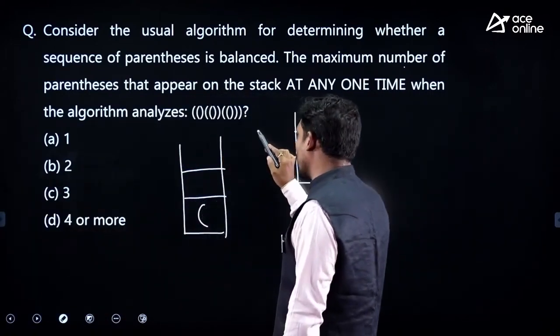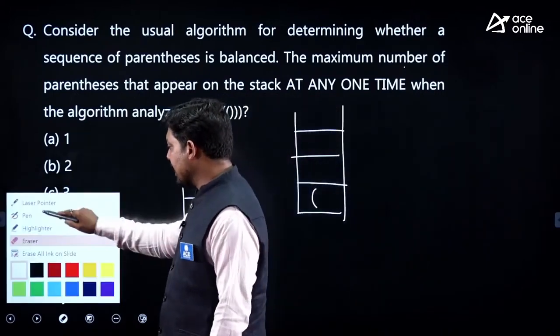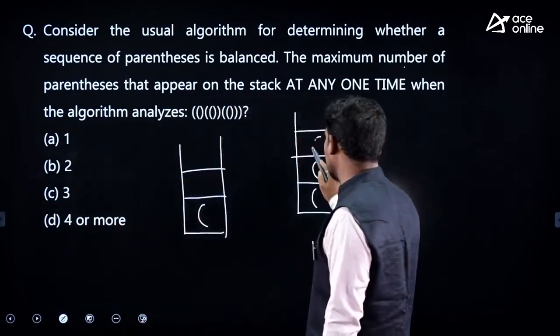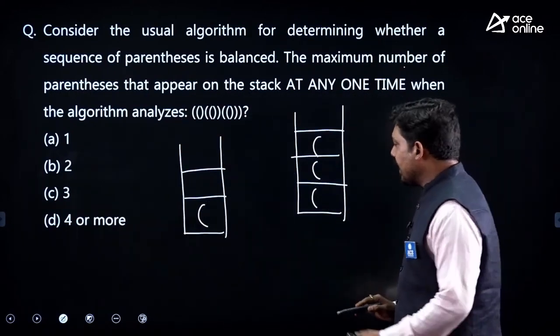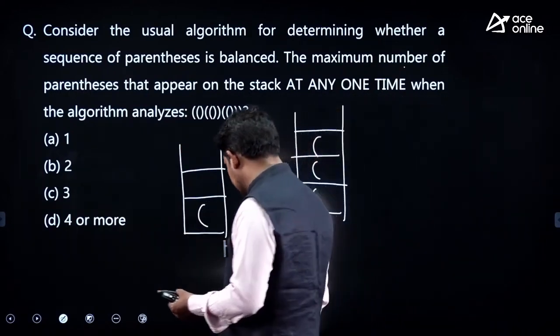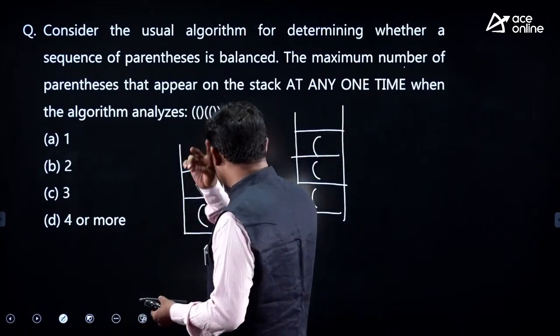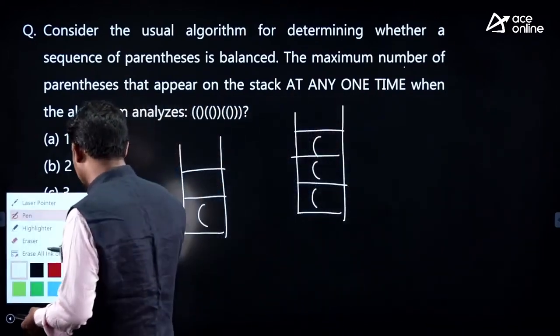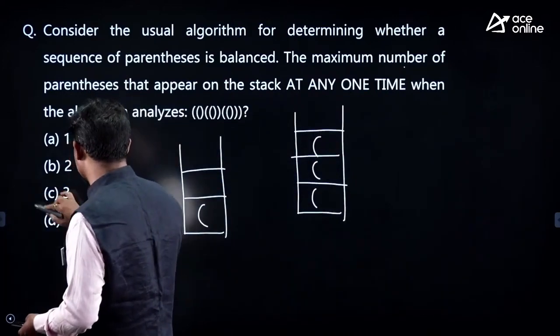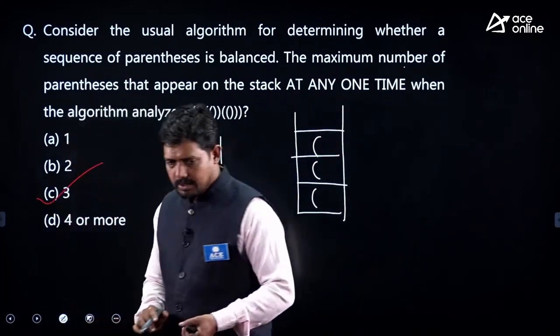Then again 2 more opening. And that means again stack size will reach 1 and 2. And then finally 3 closing will take out all the 3. So with that I figured out that the height that is maximum growing in this case is 3. Answer for this question is 3.